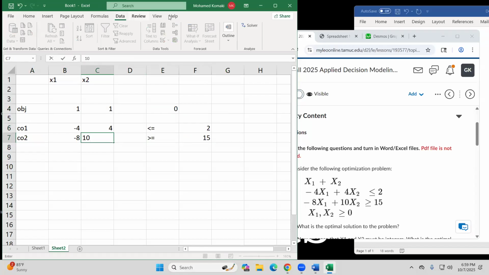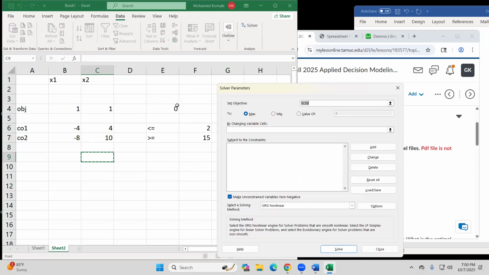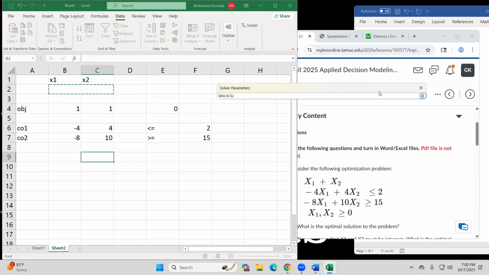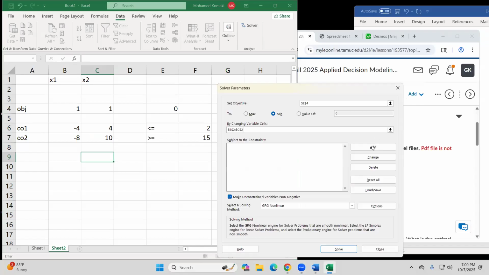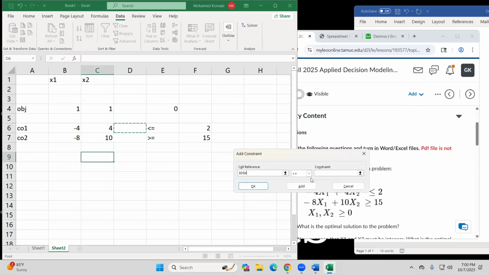So I go to the Data Solver. So here is my objective function. It is minimization. I select the decision variables, and I add the constraints. And I forgot to calculate my left-hand side.